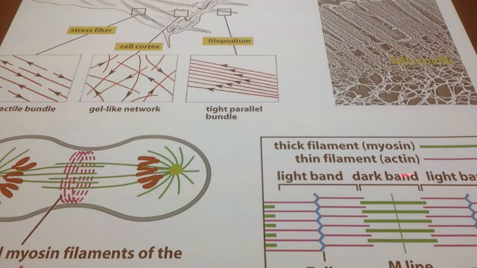And then lastly, you probably, since first grade, heard about the sarcomere and how muscle contracts, and the thin filament of the sarcomere is made up of microfilaments, or better known as actin filaments. And then the green, the thick filament, is made up of myosin filaments.